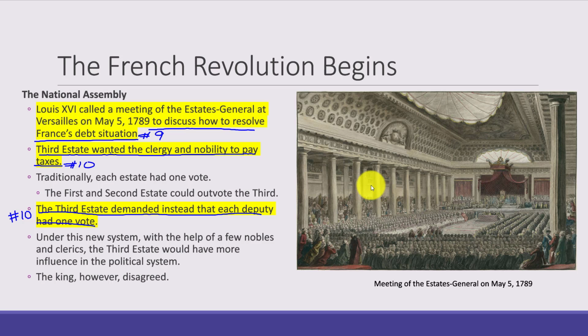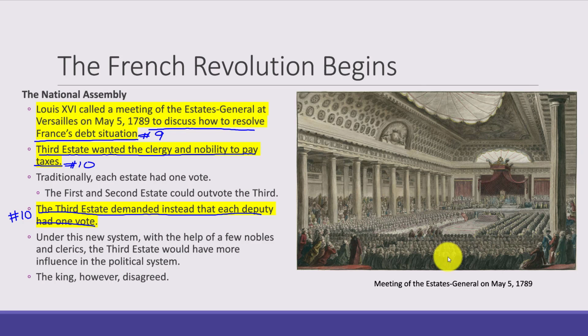However, the third estate wanted to change that and demand that each deputy within each estate have a vote, right? Which would give them more power and more authority. So if each deputy had a vote, because there are more people in the third estate, they would have more say. The king didn't like that. He disagreed. Big problem. Okay. So that's your 9 and 10.